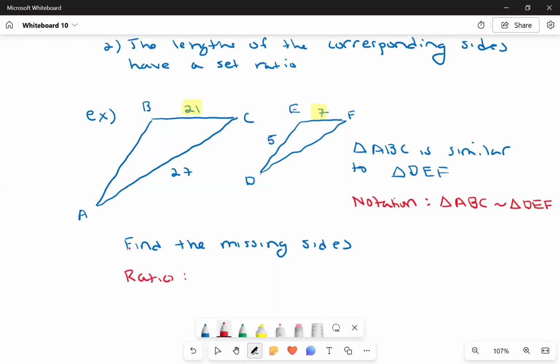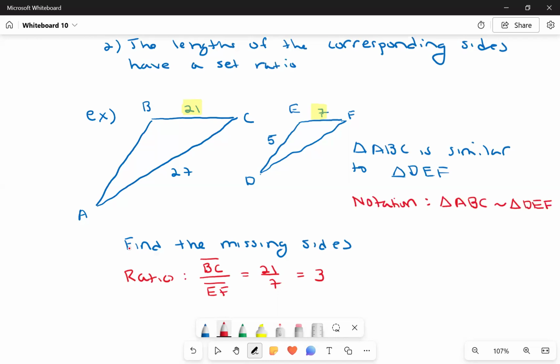So I'm comparing side BC to side EF, writing it in segment notation. That would be 21 over 7, or a ratio of 3. Compared to what we were just talking about, that means there's a scale factor of 3 going on here, or 1/3, depending on which way you're looking, if you're talking about building up or shrinking.